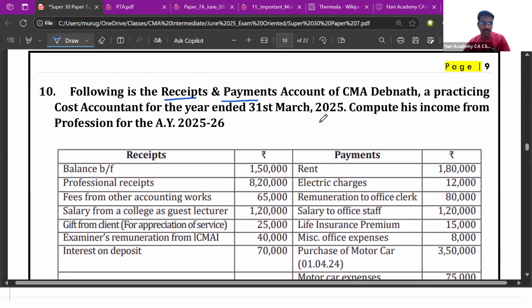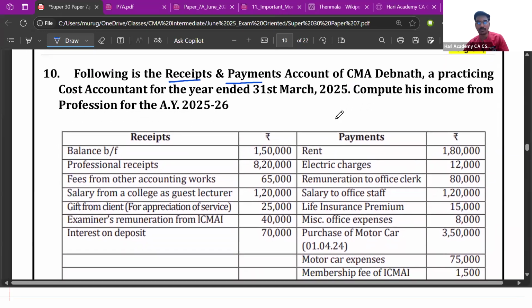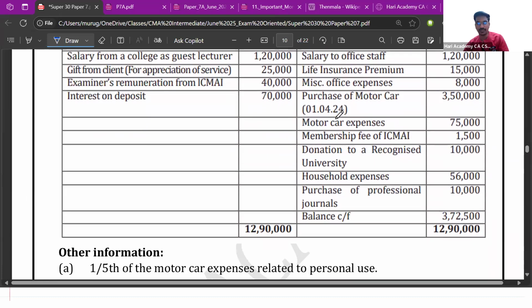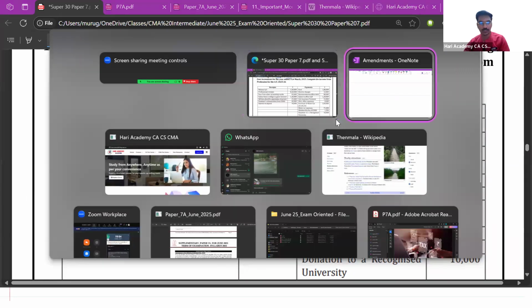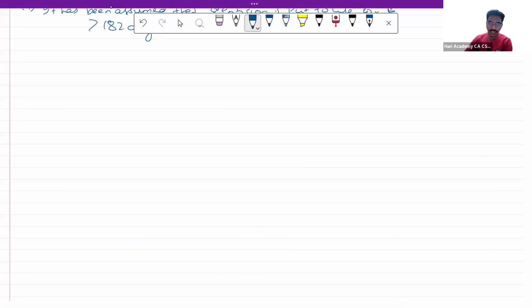Following is the receipts and payments account of CMA Debnath, a practicing cost accountant, for the year ended 31st March 2025. Compute his income from profession for assessment year 25-26. Since there is no net profit given, the previous question format is not applicable.